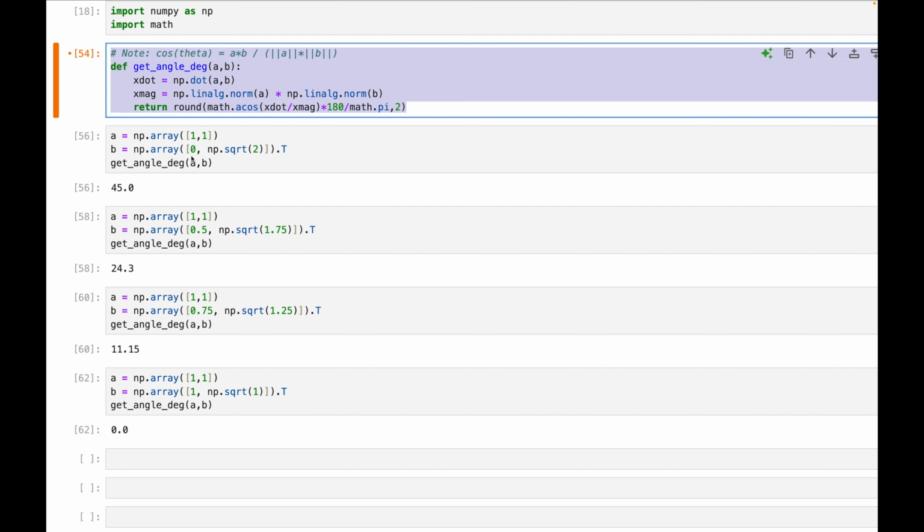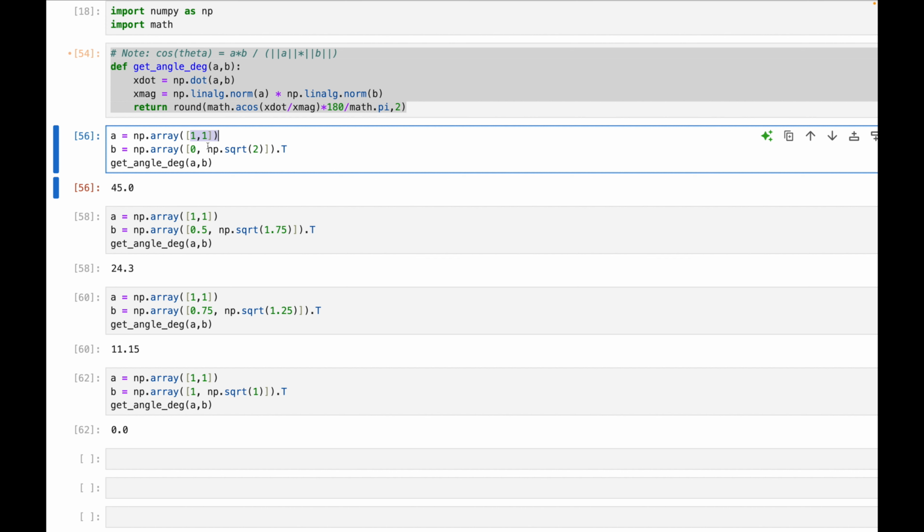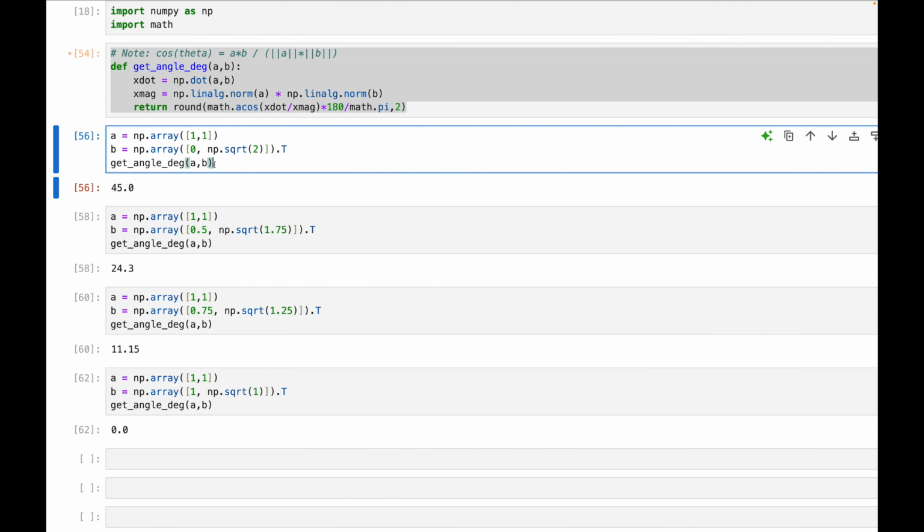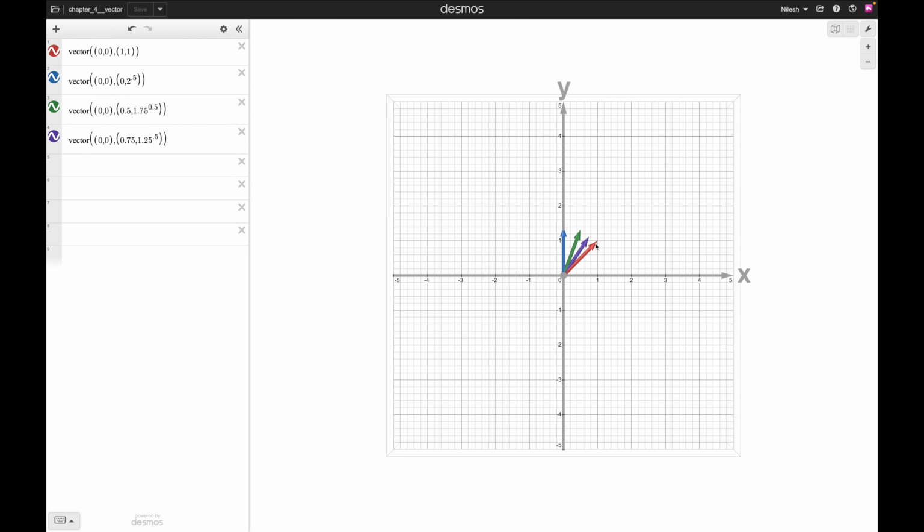This function is just calculating the dot product, and this is the point 1 1, and then we have this point, which is 0 square root of 2, which is this blue arrow. And when we calculate the angle, it is 45 degrees. So here we can see that the red arrow and this blue arrow look like they are at 45 degrees to each other.